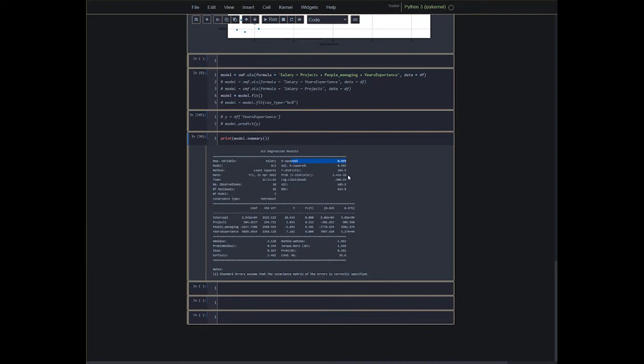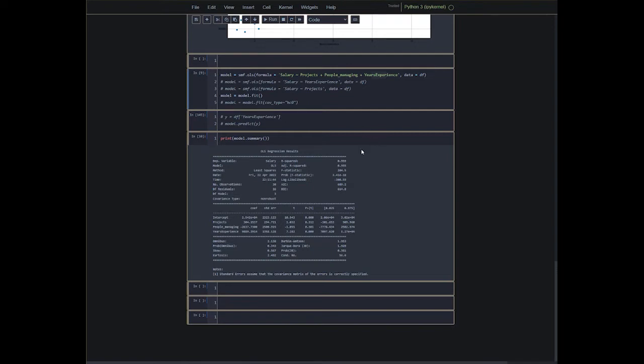In our case, we choose 3 independent variables, and the r squared value is quite high, which is 0.959. That means 95.9% of the variation in the salary can be explained when we incorporate projects, people managing, and years of experience.